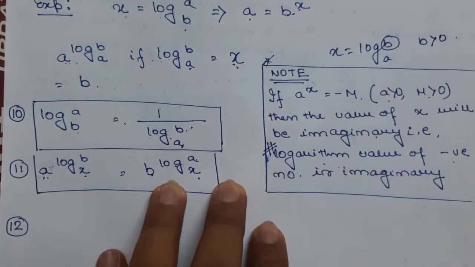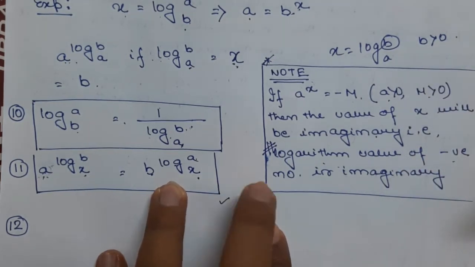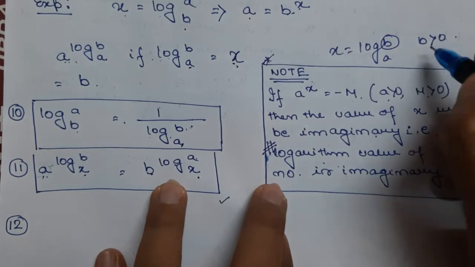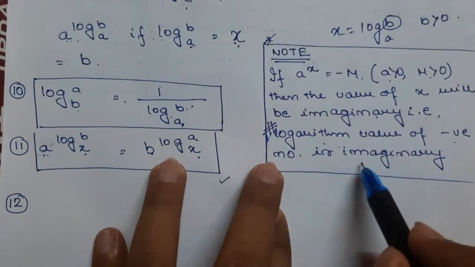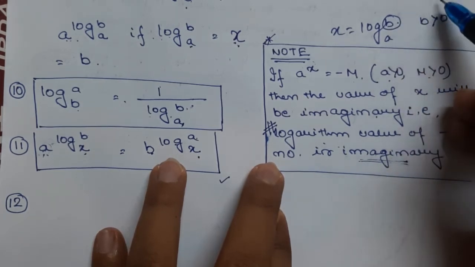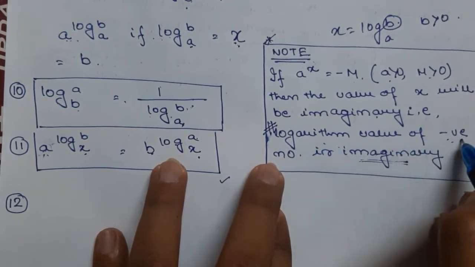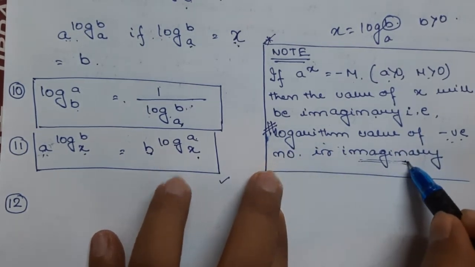When b's value is 1, it will give 0, it is not indefinite. And when b's value is less than 0, it will give an imaginary value, and when b is equal to 0, it will lead to an infinite value. So the logarithm of a negative number is imaginary.